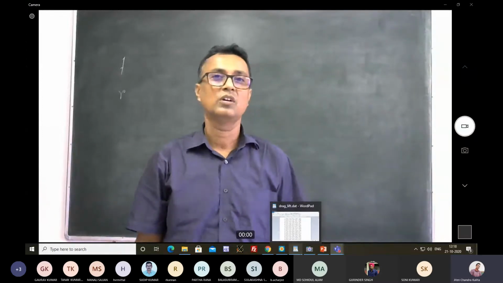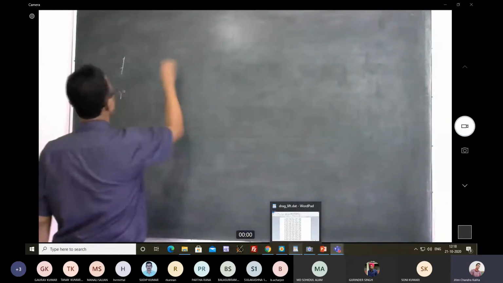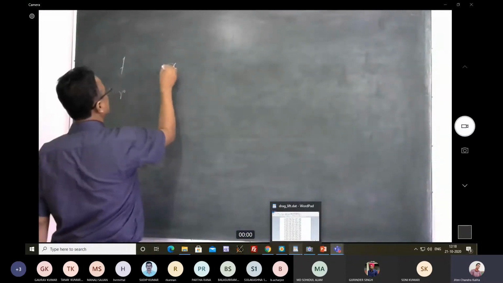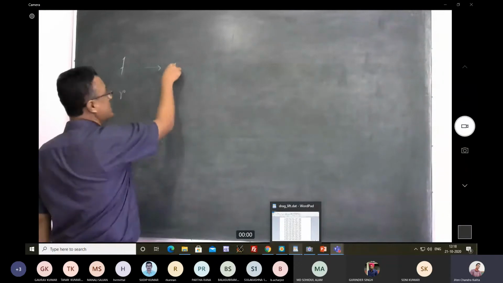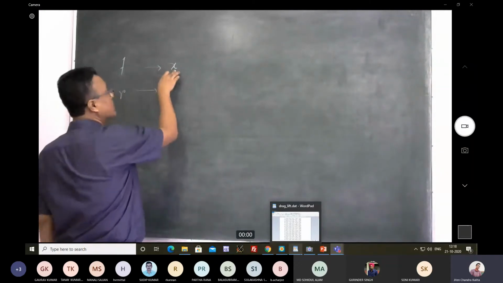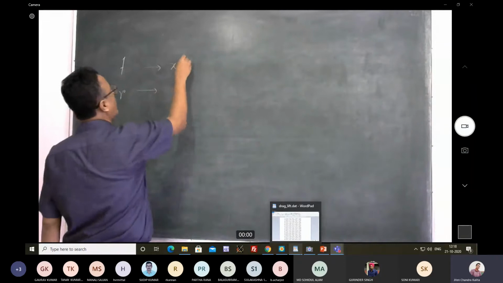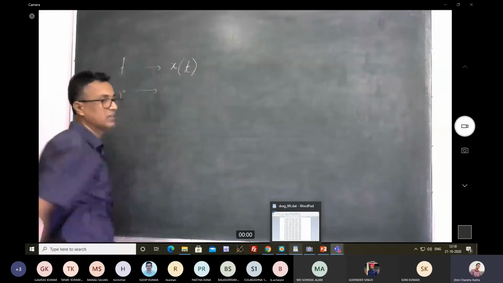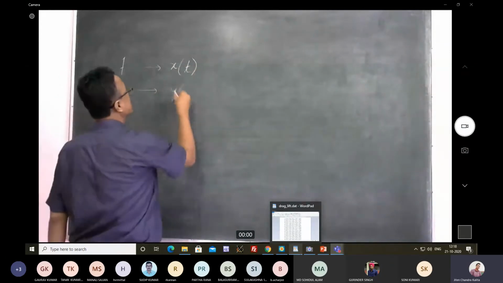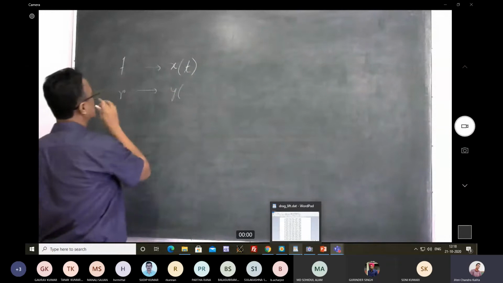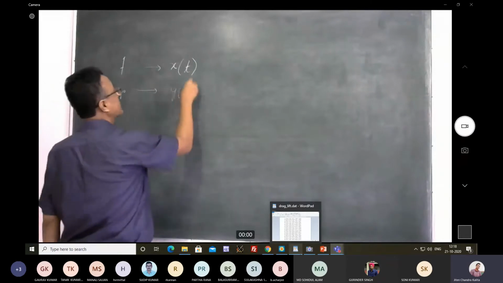Suppose x is the variable representing the population of fox over time t. Similarly, y is the variable representing the population of rabbit over time t.